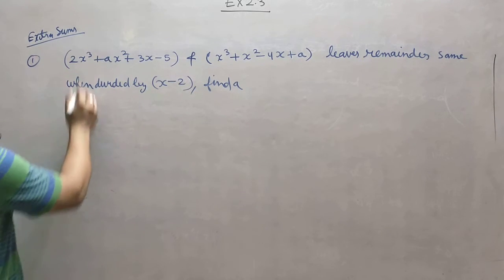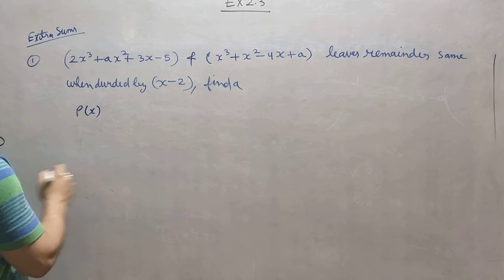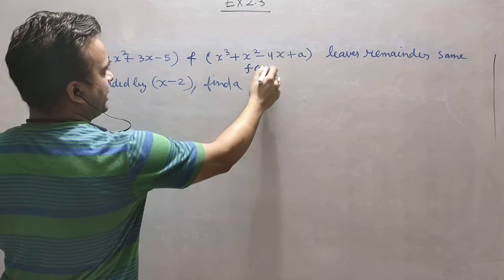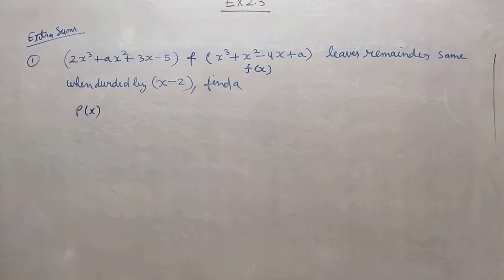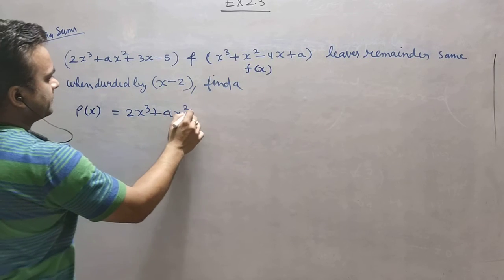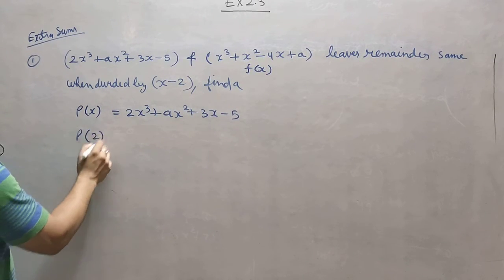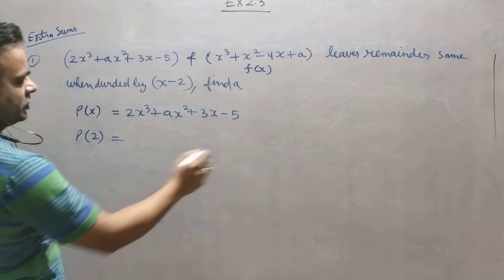So we will do one thing, we will take it as px and the other we are taking as fx so that we can understand the polynomials separately. So it is px, I am writing here, and what value do we have to put here? At 2 we will check what is the remainder.